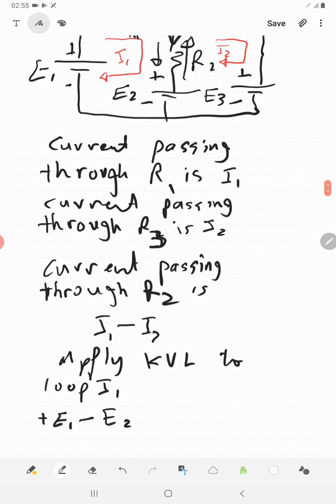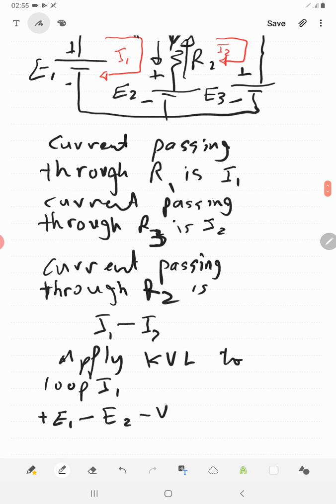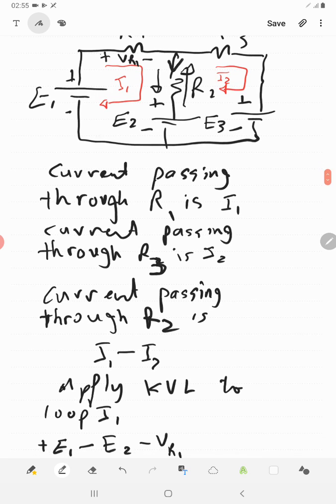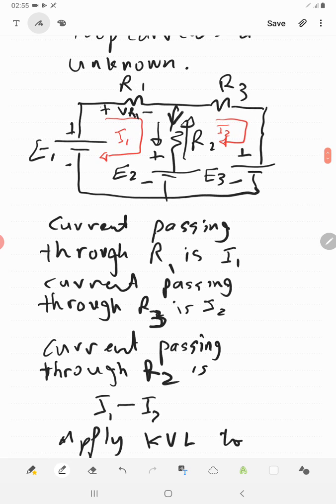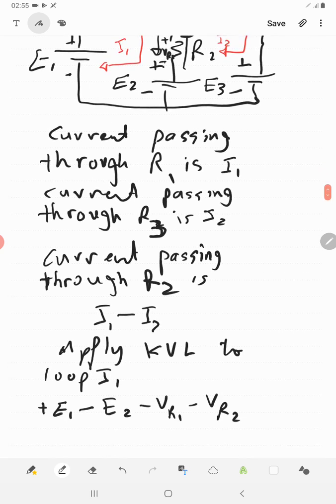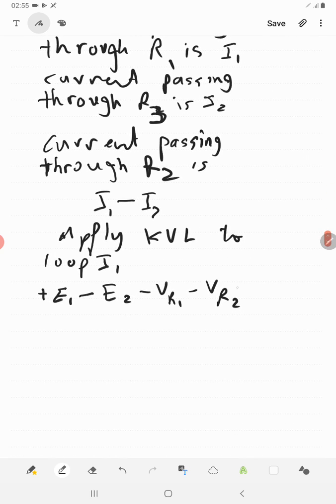So we say minus VR1. And again, minus VR2. Well, this is plus, this is minus, and this is VR2. Okay? Now, this should equal to 0.